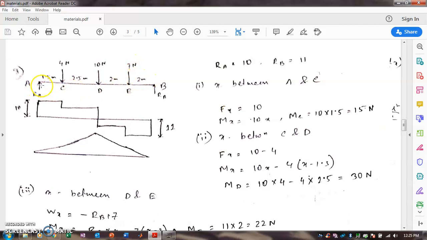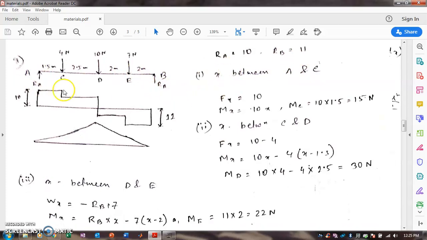By calculating we get that the value of RA is 10. The total downward force is 21, so RA upward is 10, and the remaining upward force RB will be 11.